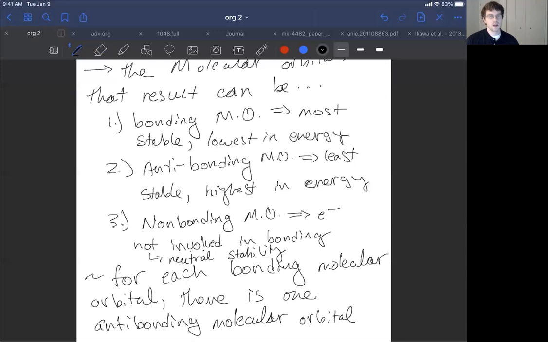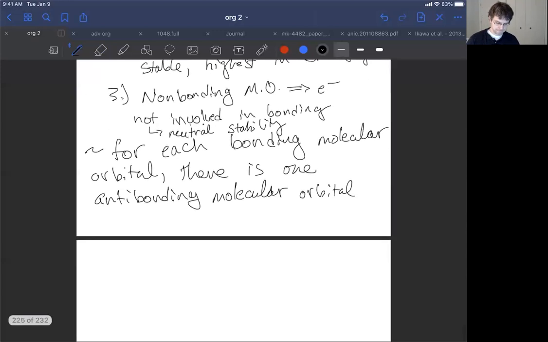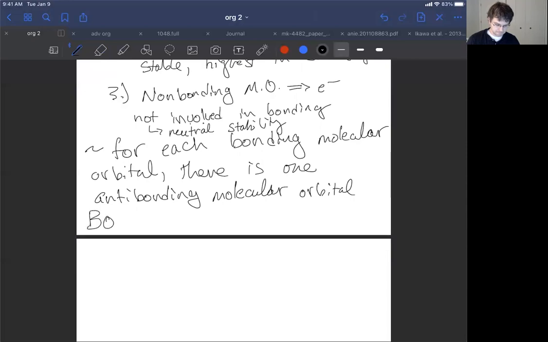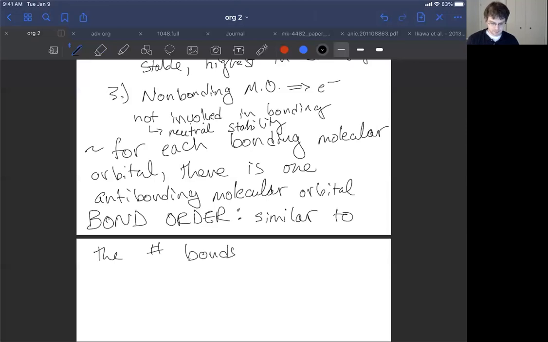Okay, so with this information, we can actually determine what's called the bond order. It's not exactly the same, but I say it's similar to the number of bonds between 2 elements. If you thought about it that way, it's okay.